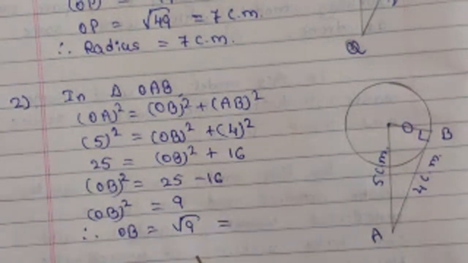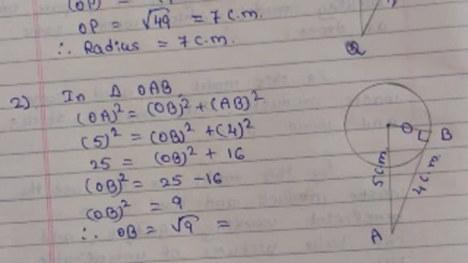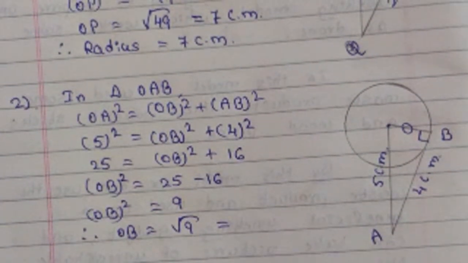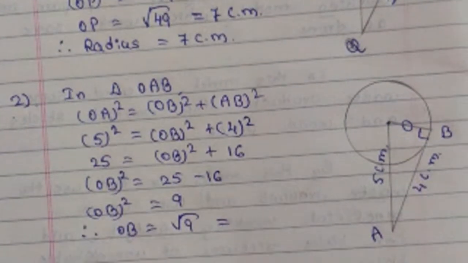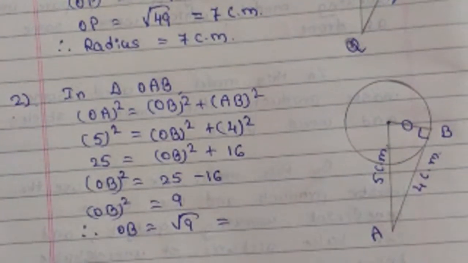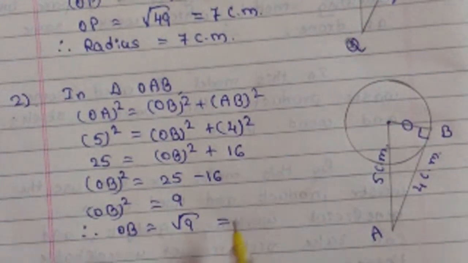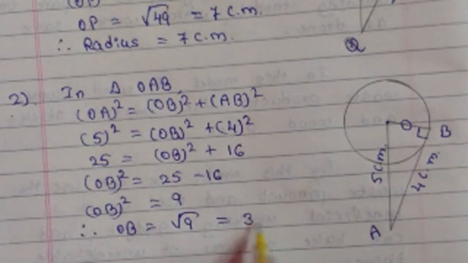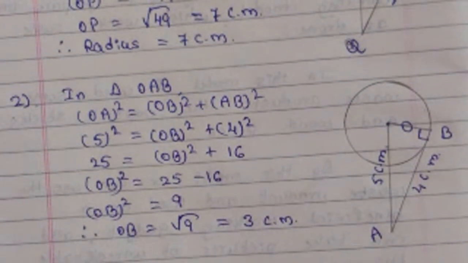OB is the radius of the circle, where point A is outside the circle, its distance from the center is 5 centimeter, and the tangent drawn at point B has length 4 centimeter. Therefore OB, the square root of 9, is equal to 3 centimeter. So the radius of the circle is 3 centimeter.